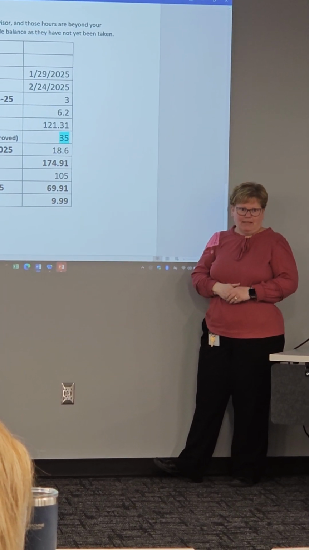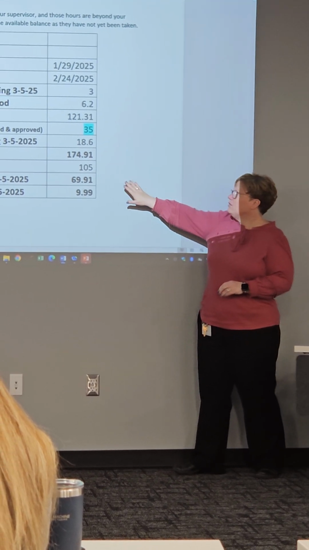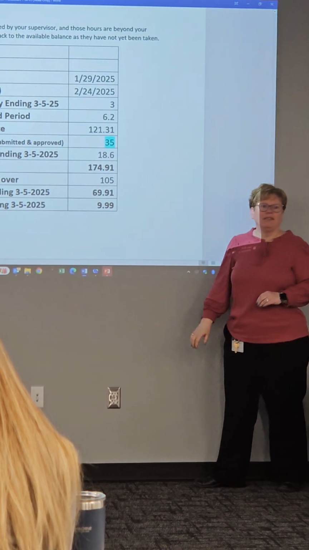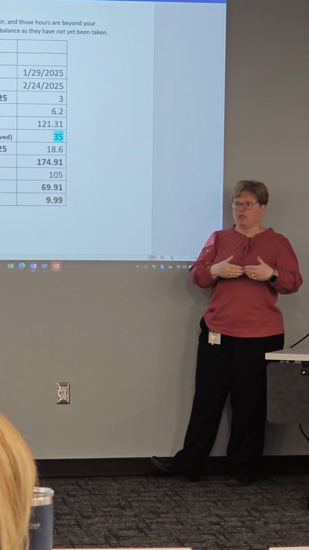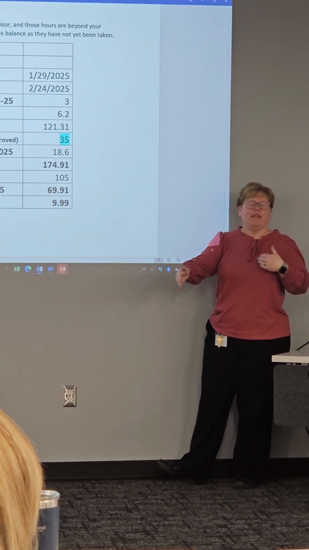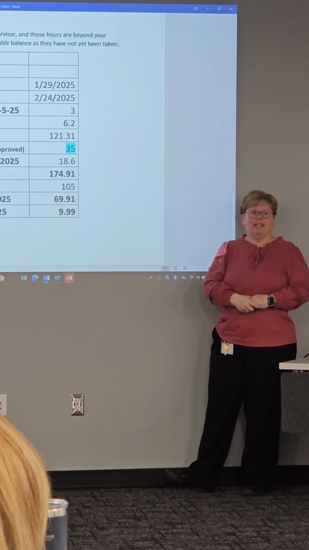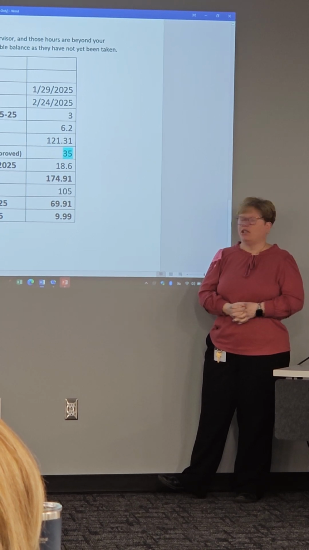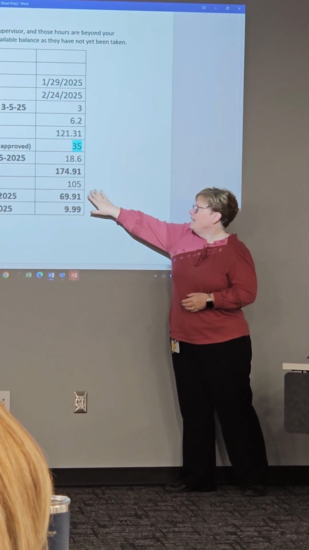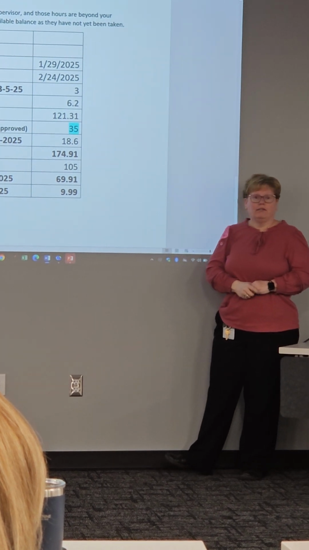Does that make sense? So we're planning to do one of these for everybody, starting with the earliest anniversaries first, and then moving on, so that you have an idea and you can start planning your vacation to end up with no more than the 3 weeks at your anniversary.